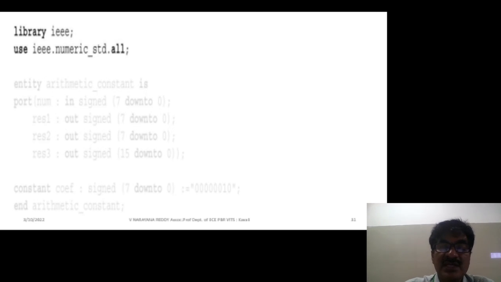Here one program is available, starting with library IEEE. As usual, for every VHDL program, first of all you need to open the library IEEE. Then from that library select one package, here named numeric_std.all.